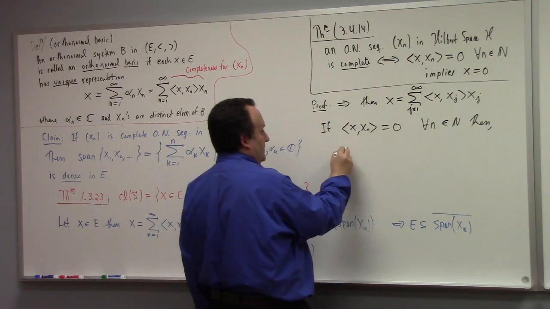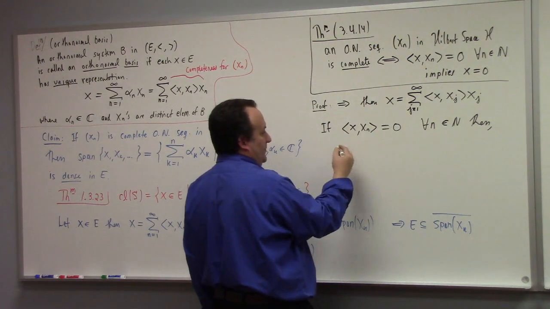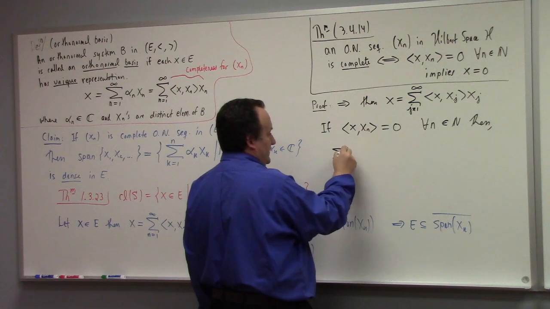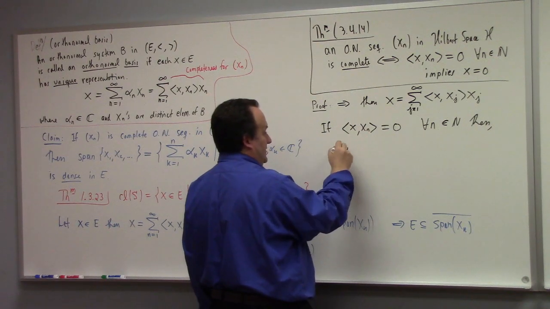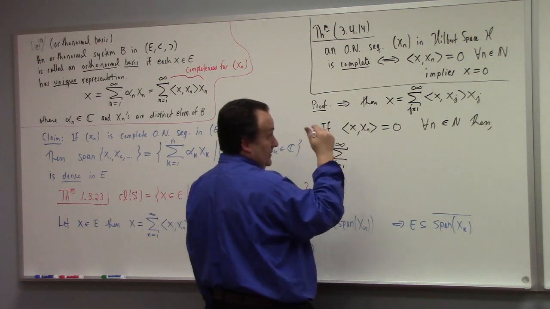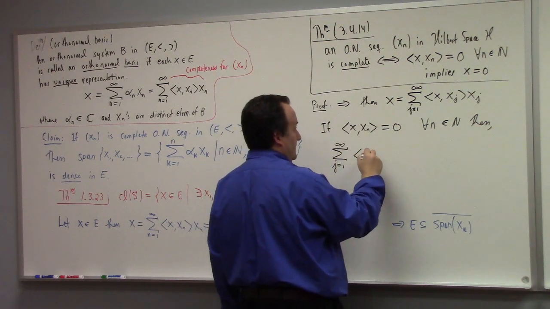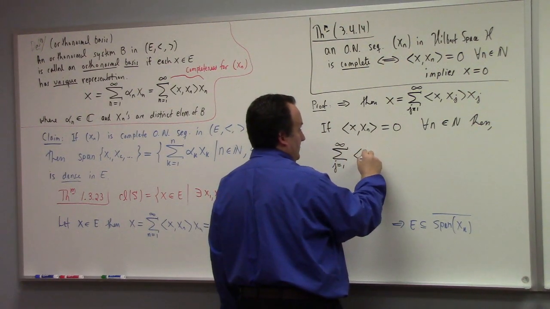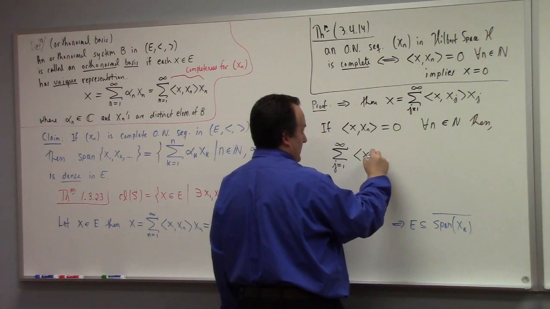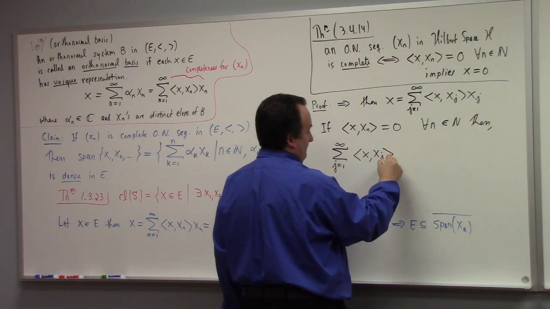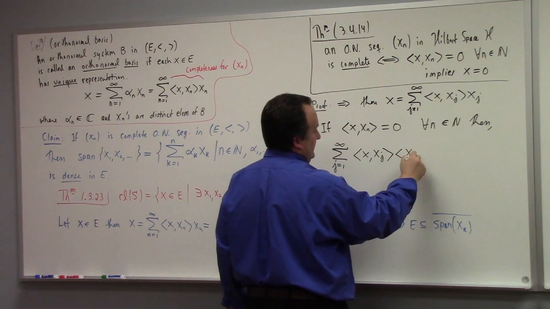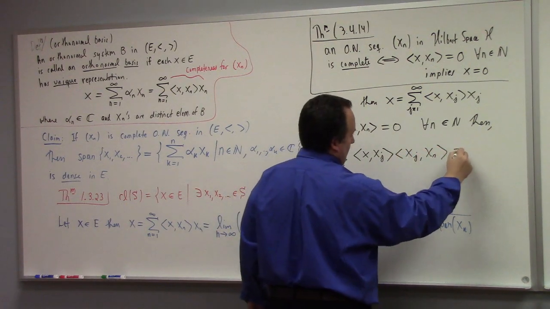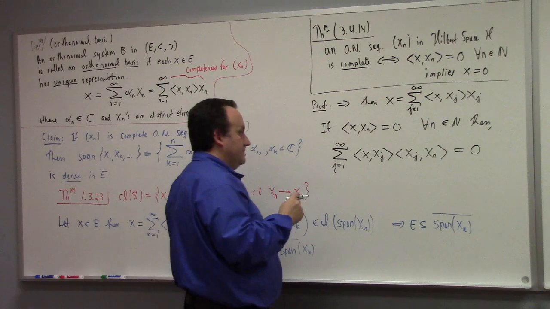I'm going to plug it in, and I'm just going to skip a step if you guys don't mind. We get that the sum j equals 1 to infinity of the inner product of x with xj times xj with xn is equal to 0.